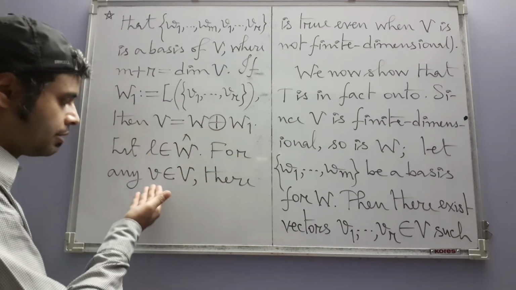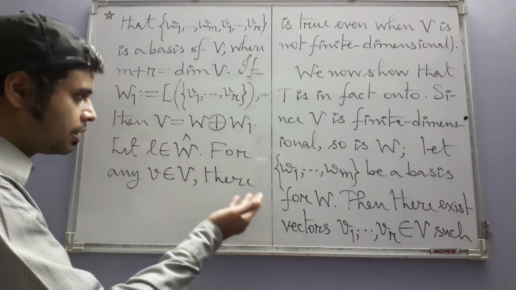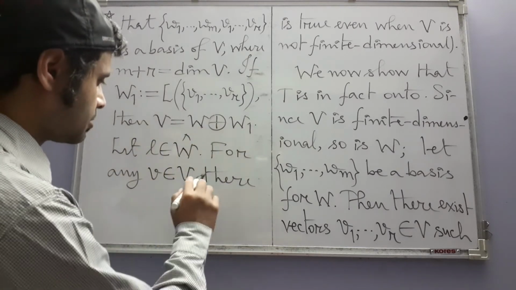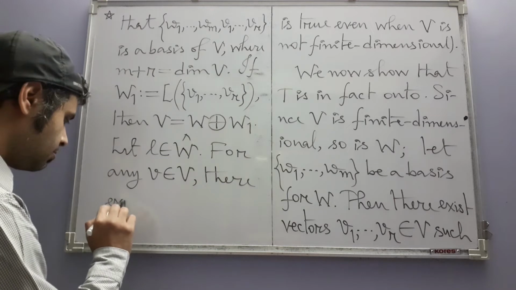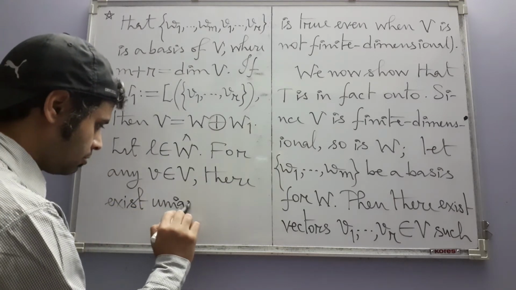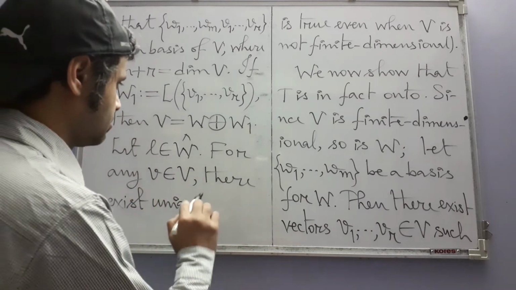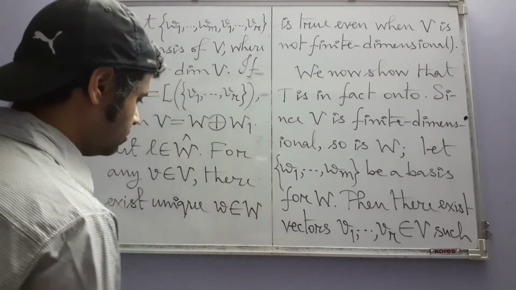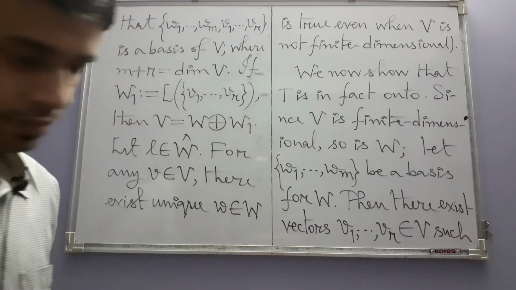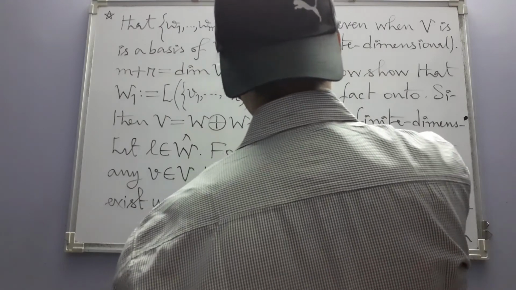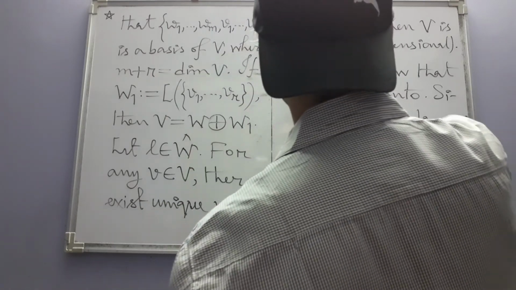It's just that any element V is uniquely expressible as a sum of vectors coming from these two subspaces. So there exists a unique W in W and W1 in W1 such that V is equal to W plus W1.